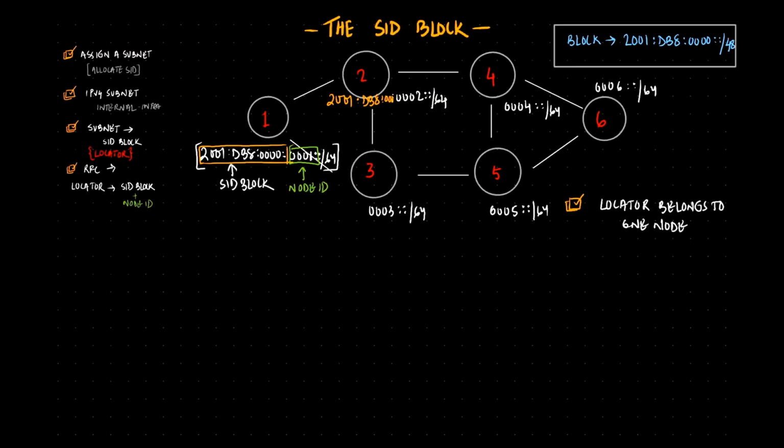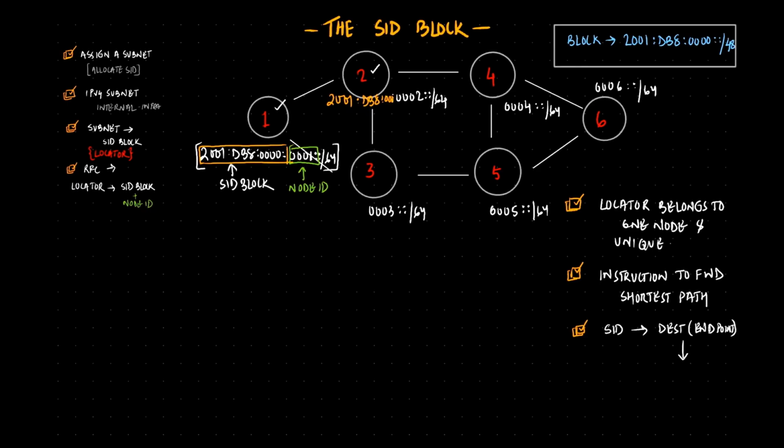A locator belongs to one node, and it should be unique. If you see the topology, all the locators are unique. So for example, if I want to go from 1 to 6, I know which locator to use to go to 6. The locator gives us an instruction to forward the packet along the shortest path. From 1 to 6, I'll go with the shortest path.